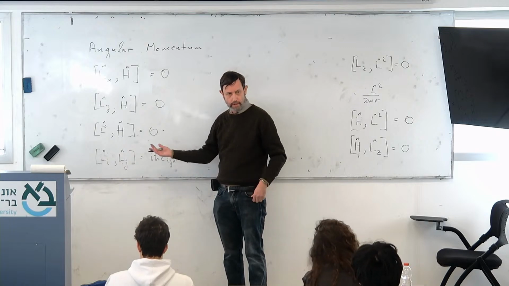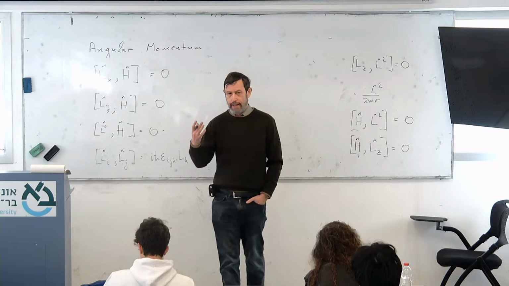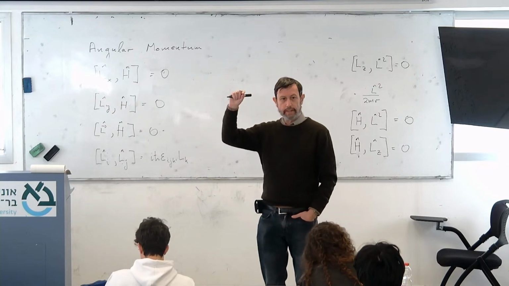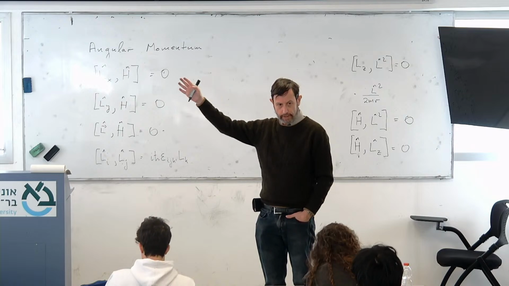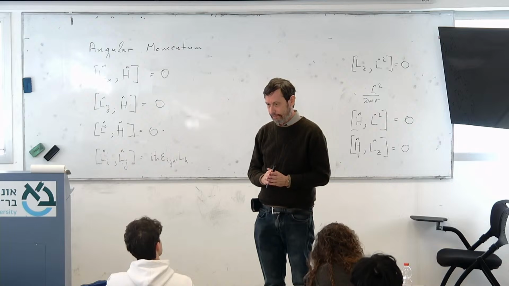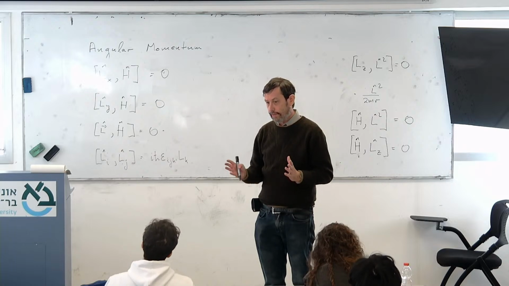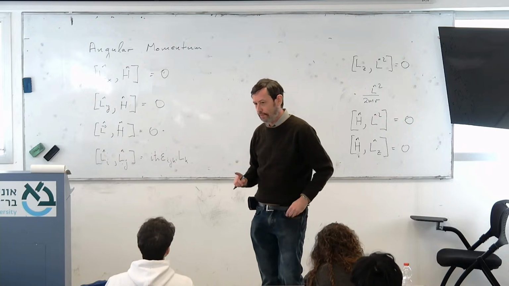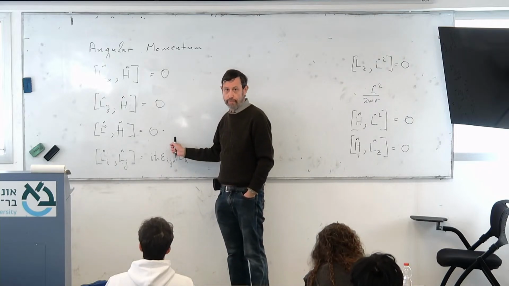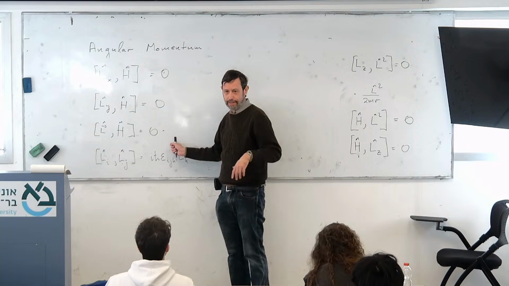In the definitions of Lx, Ly, Lz, there are multiplications of y times ∂/∂x and so on and so forth. So you can go and solve it immediately. It's much easier to prove these things in the Cartesian representations than in the spherical coordinates.